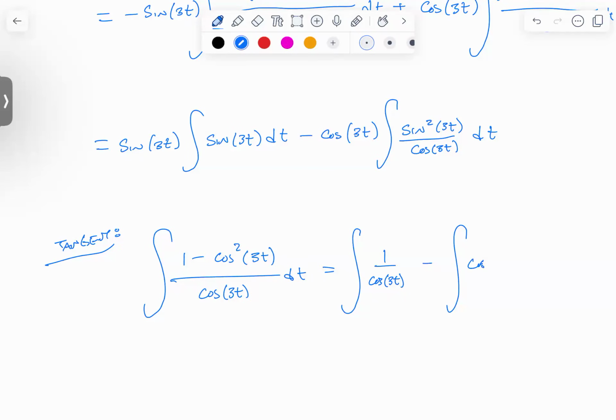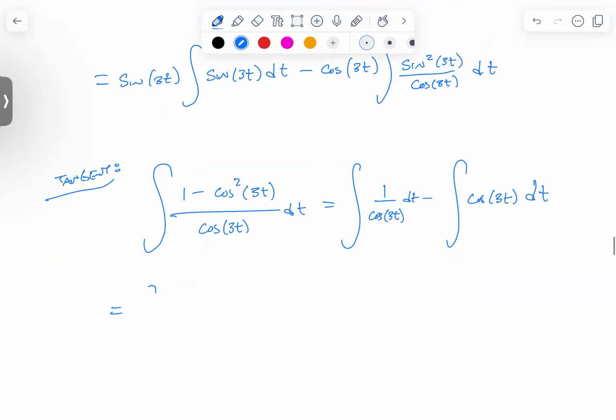Oh, look. And so, don't overcomplicate it. So this guy then is the integral of secant 3t dt minus the integral of cosine 3t dt.